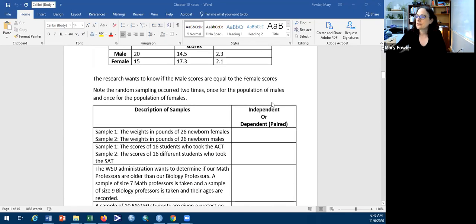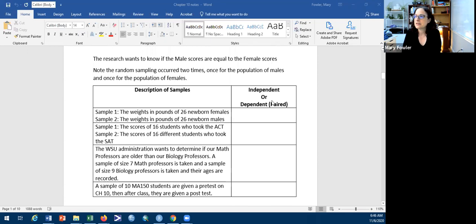We're going to look through a few of these descriptions and determine if they're independent or dependent. Sample one is the weight in pounds of 26 newborn females and the weight in pounds of 26 newborn males.